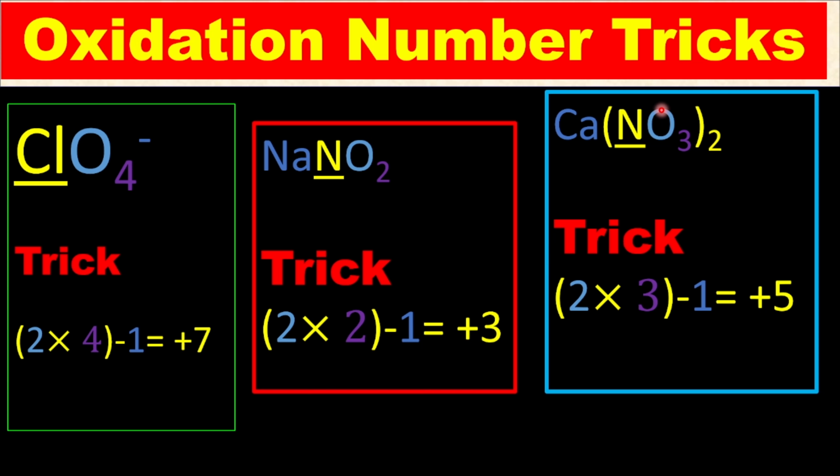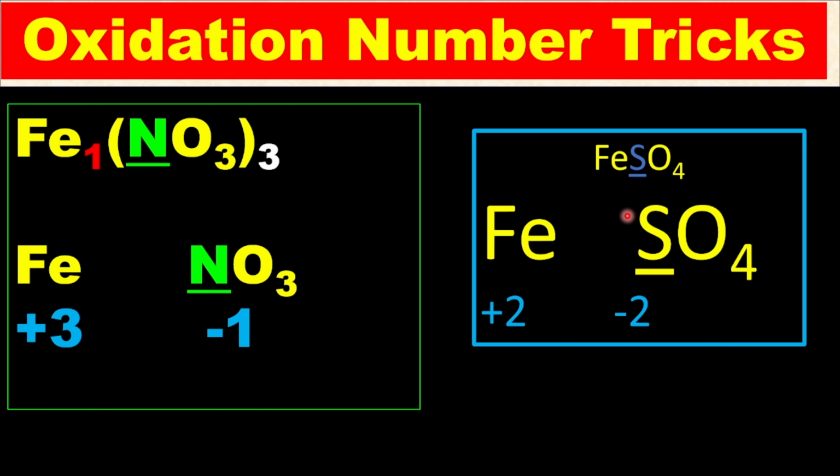So let's do the calculation. 2 times 3, that is 6. There's a number here which is not visible, which is 1, because this NO3 has a charge of 1. So that is 2 times 3 minus 1, and that will give you plus 5. Take note of this. We are not using the charge of the calcium, we are using the charge from here because we have a number crossing.